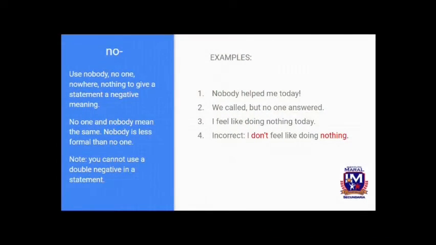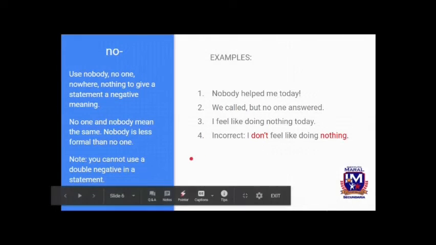Now we are going to see examples on how to use the indefinite pronoun no. Number 1, nobody helped me today. Number 2, we called, but no one answered. Number 3, I feel like doing nothing today. Notice how these three sentences give a statement a negative meaning.